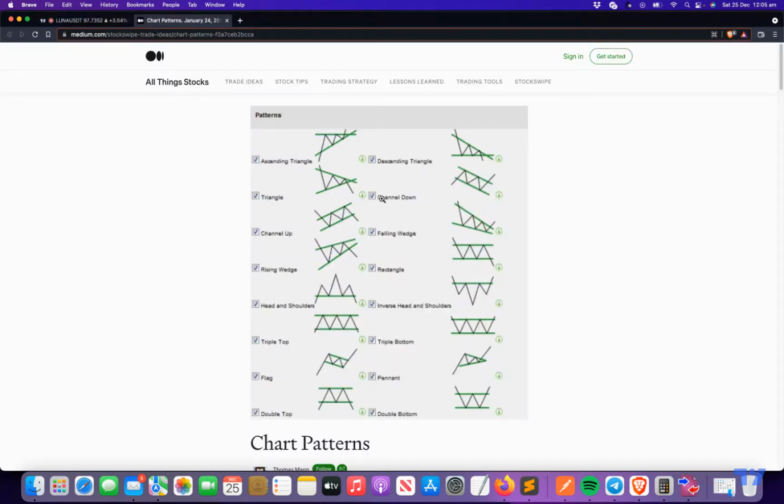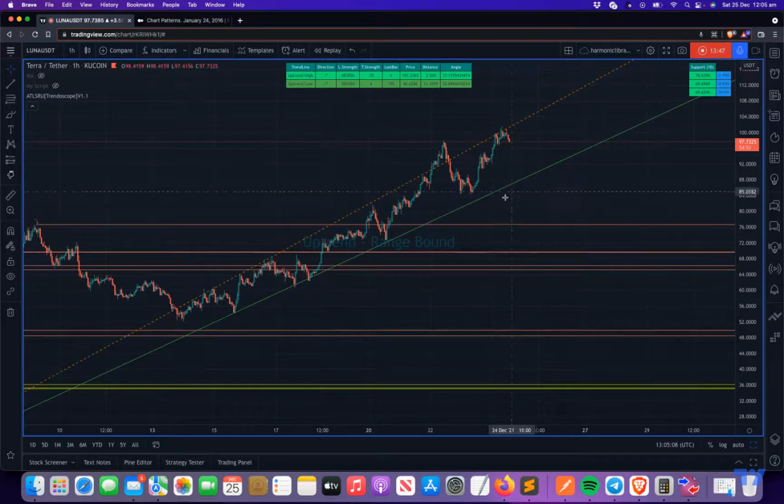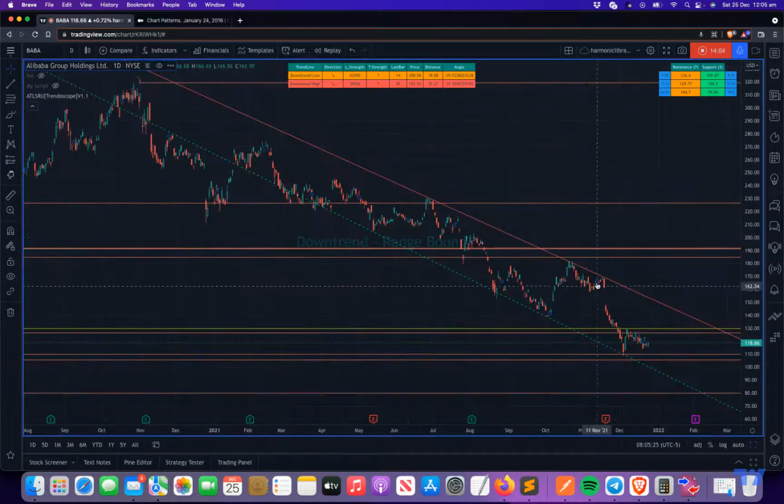What I do is, I'm more interested in whether it's an uptrend. I'll try to buy when the price is near the support level, or the lower uptrend pivot low trend line. If it's a downtrend, I'll try to short when it's near the resistance levels here. We can also use these horizontal support resistance levels as a secondary confirmation.